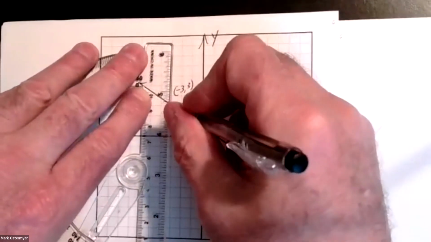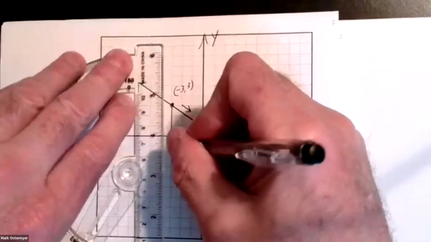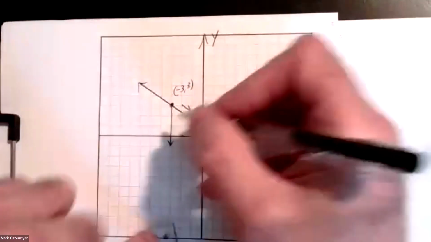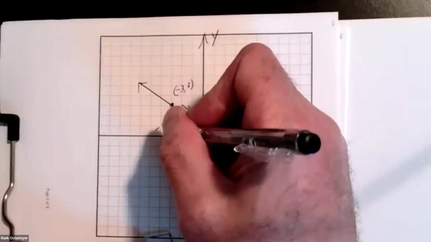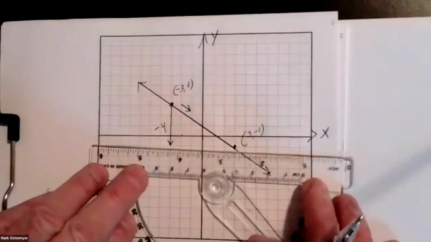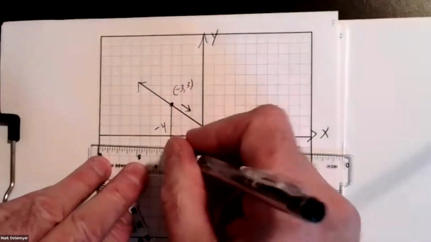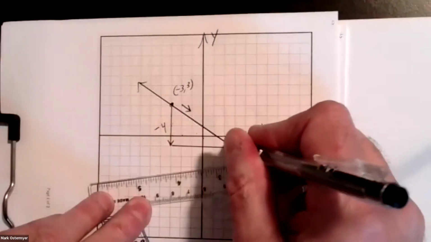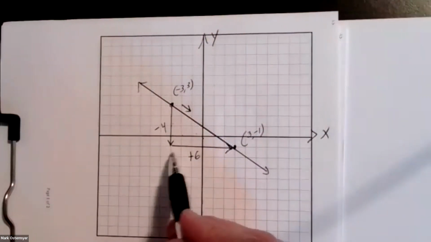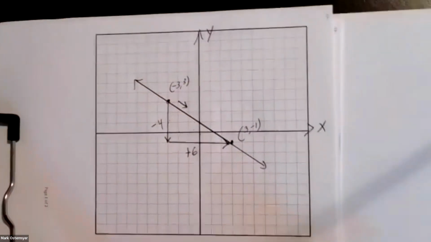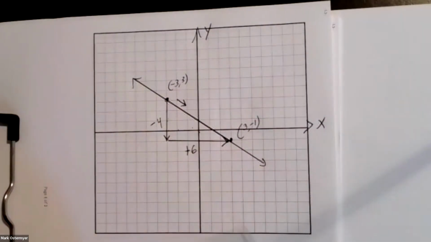Well, my rise now would be -1, -2, -3, -4. The rise would be -4, and the run would be +6. So you can see why the slope is -4 over 6. Okay, that's the slope of the line.